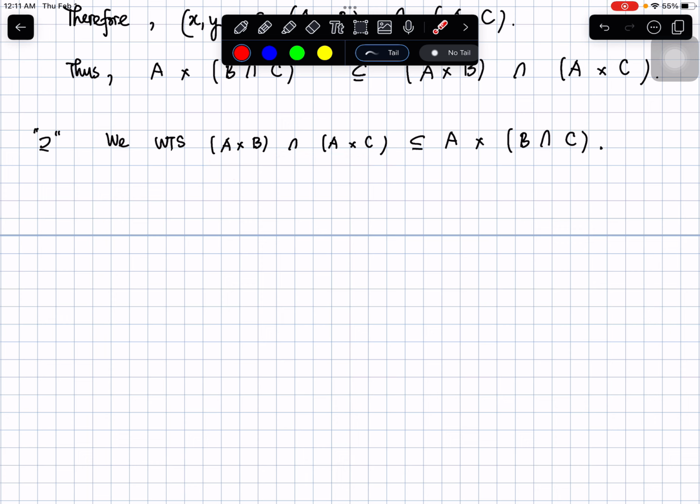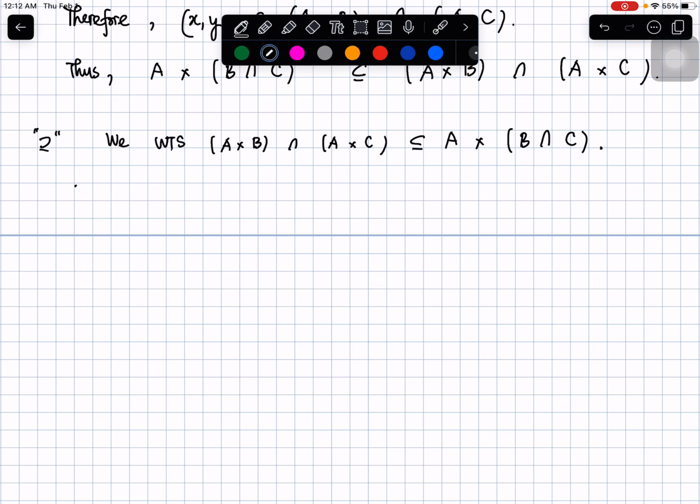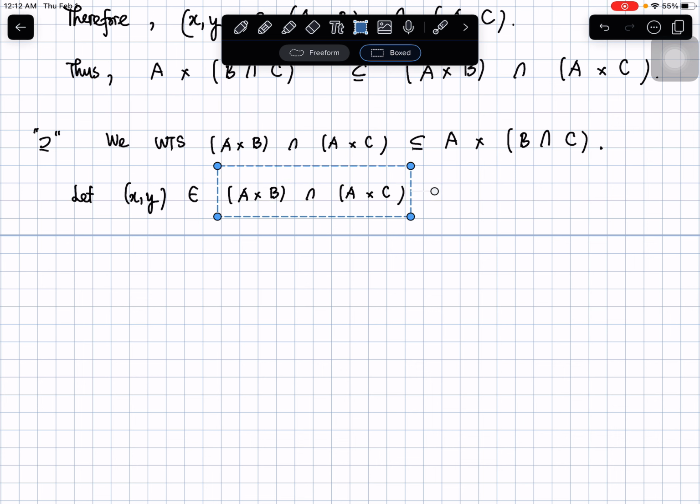As we talked before, this is an intersection of two Cartesian products, and the elements in a Cartesian product are ordered pairs. So an arbitrary element here must be of the form x comma y. So let x comma y be an arbitrary element in the left hand side set.